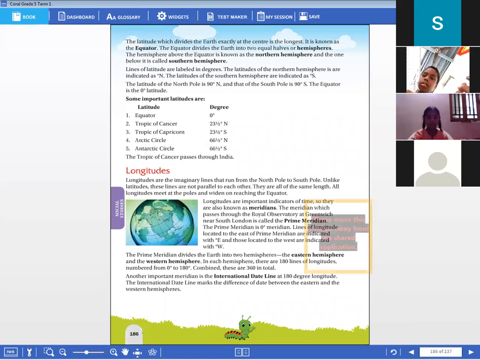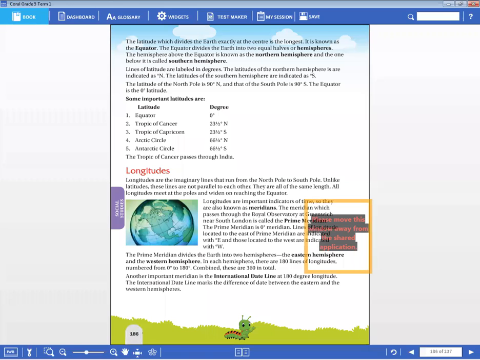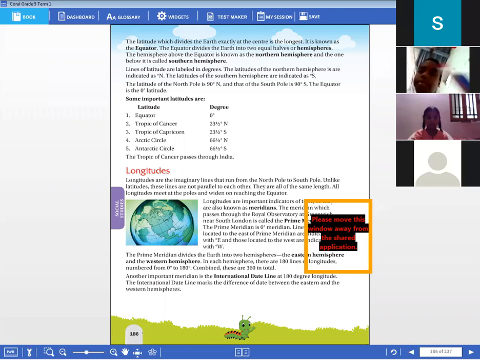Let me once revise for you, children. The latitudes are horizontal lines and the longitudes are vertical lines.